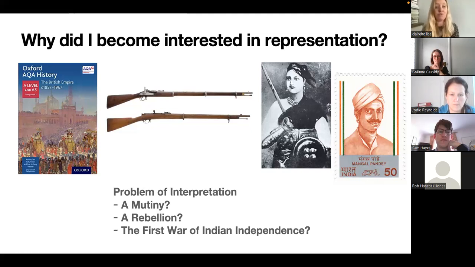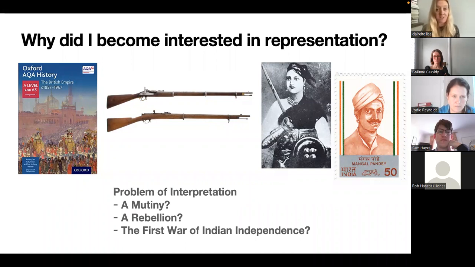Their control is only really saved by intervention by the British government. So this is a pivotal moment, both in Indian history, but also in the history of the British Empire. And I also knew that there was a really juicy question of interpretation that I could use to drive this lesson. So these events are called three different things by historians.